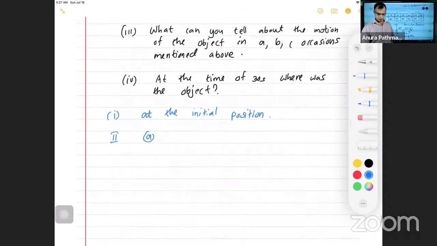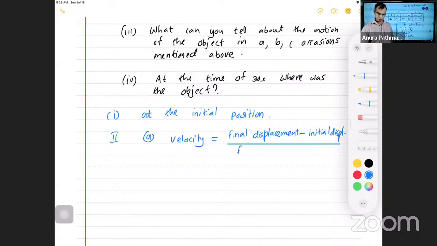We are writing velocity equals final displacement minus initial displacement, divided by final time minus initial time.